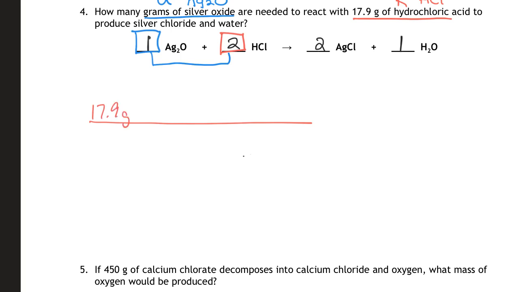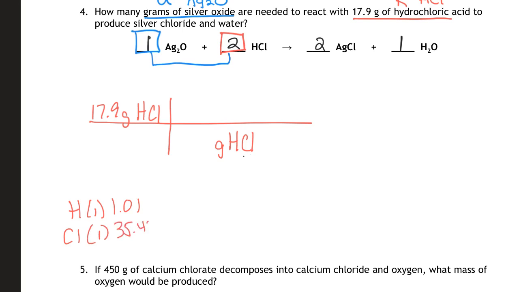17.9 grams of HCl. Hopefully at this point you're going, oh my gosh, I'm going to need to grab my periodic table and calculate the weight of HCl, and you're right. We've got 1 hydrogen, 1.01. We've got chlorine, we have 1 of them, 35.45.